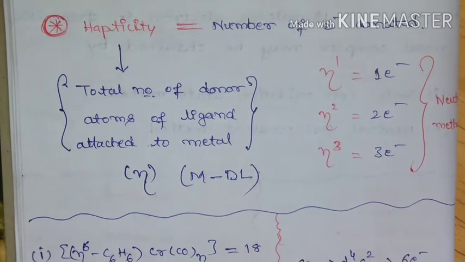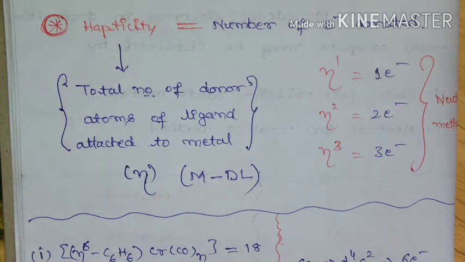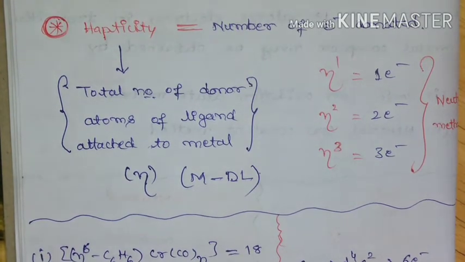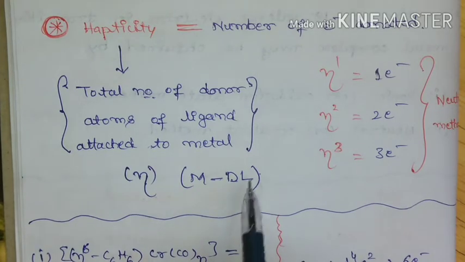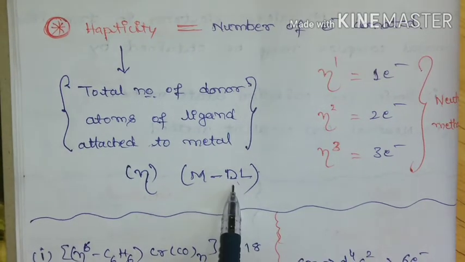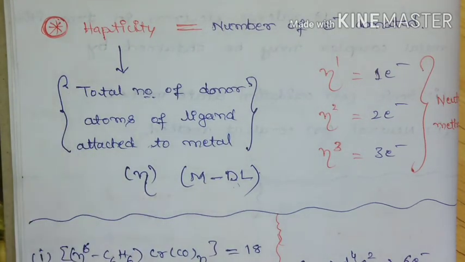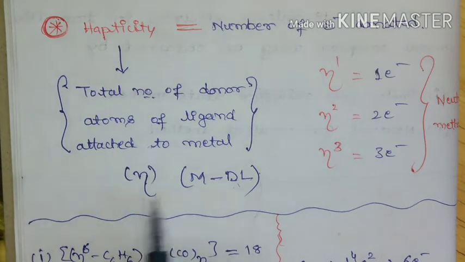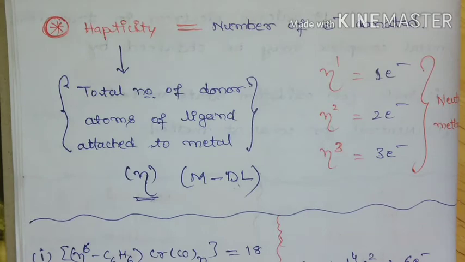Next important point is hapticity, that is the total number of donor atoms of a ligand attached to the metal. Suppose we have a ligand and this ligand is attached to the metal through these donor atoms. How many donor atoms are attached will be decided by its hapticity, and it is represented by eta.